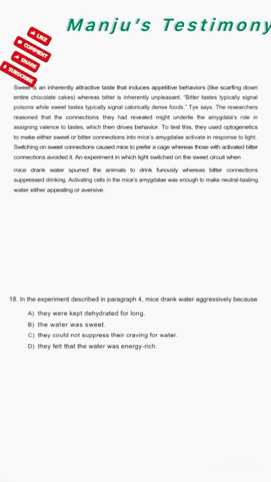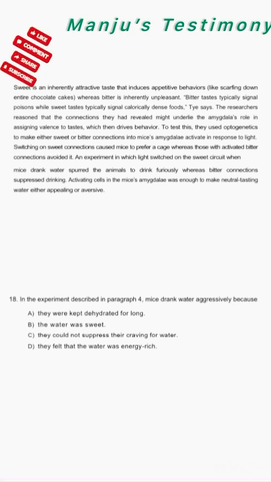So in an experiment in which light switched on the sweet circuit when mice drank water, it spurred the animal to drink furiously, whereas bitter connections suppressed drinking. So they conducted the same experiment with water. When they switched on the light related to the sweet connection, the mice drank furiously, whereas the bitter connection suppressed the drinking. Activating cells in the mice amygdala was enough to make neutral tasting water either appealing or aversive.